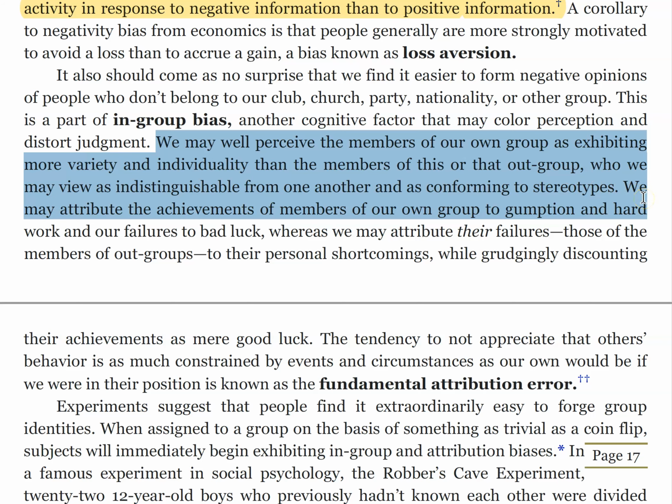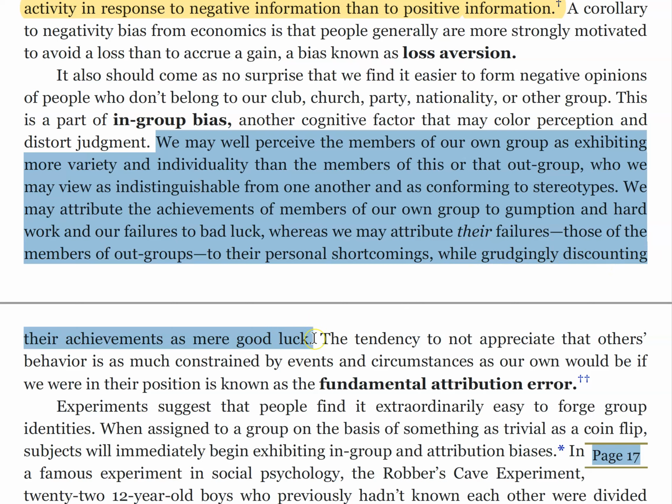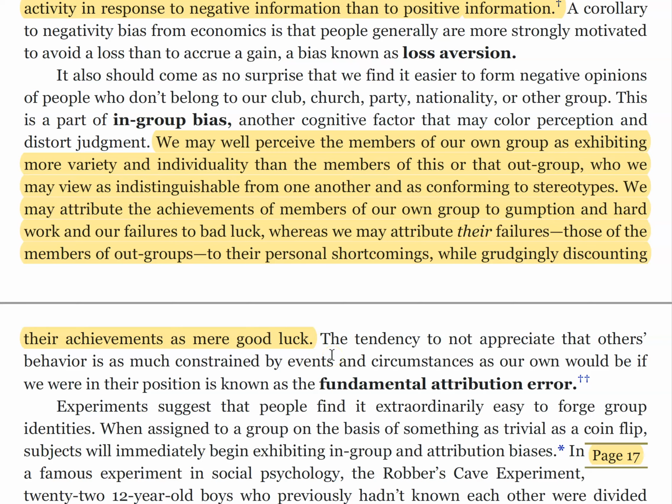We may attribute the achievements of members of our own group to gumption and hard work, and our failures to bad luck, whereas we may attribute the failures of the members of the out-group to their personal shortcomings, while grudgingly discounting their achievements as mere good luck. Whew, that's a lot, but that one's quite important, right?